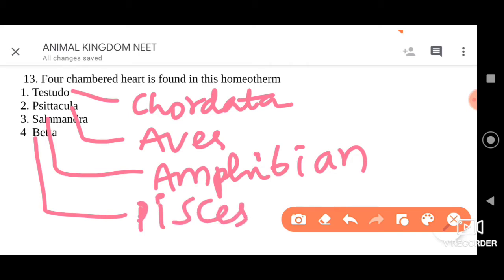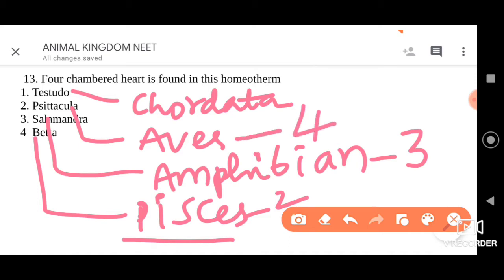In case of chordates, in fishes we have two-chambered heart. Here Betta is a fish, so it has a two-chambered heart. In amphibians and reptiles, we have three-chambered heart. So Salamandra is an amphibian, so it has a three-chambered heart. And in case of birds and mammals, we have four-chambered heart. So Psittacula is a bird, it has a four-chambered heart.